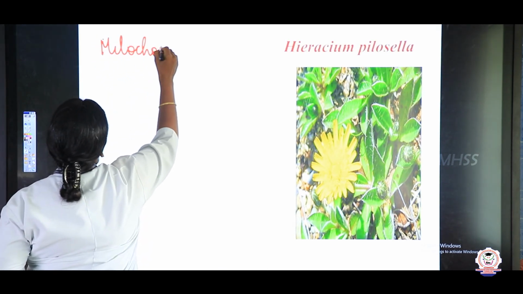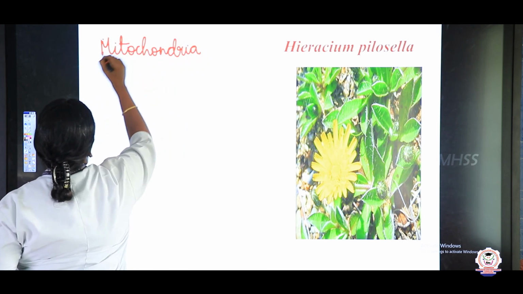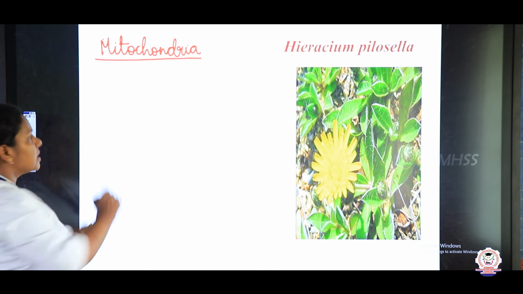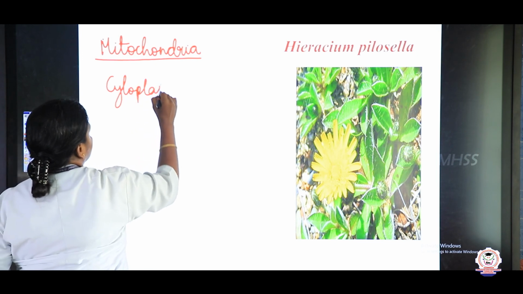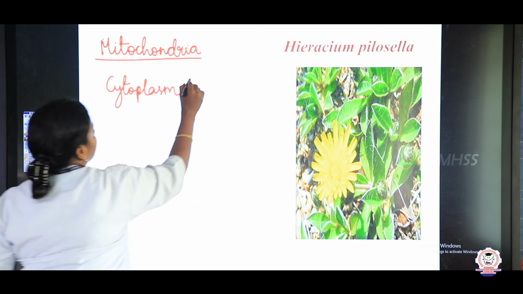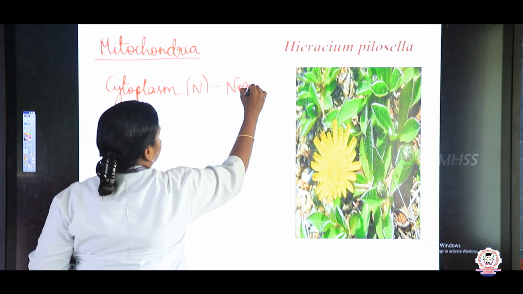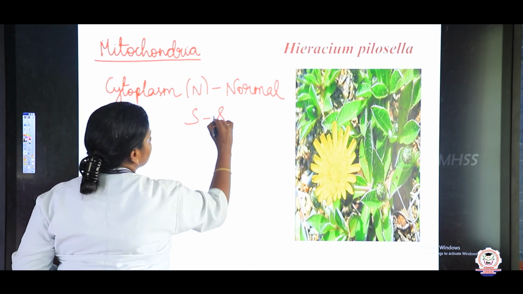About the mitochondria, right. And here the cytoplasm has two types. One is when the cytoplasm is young, it is said to be normal, and the other is said to be sterile.